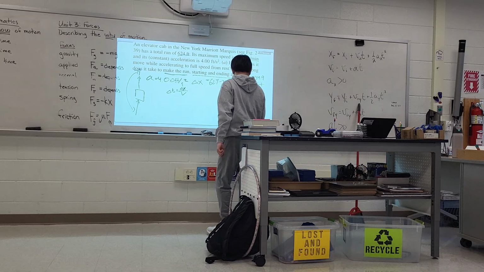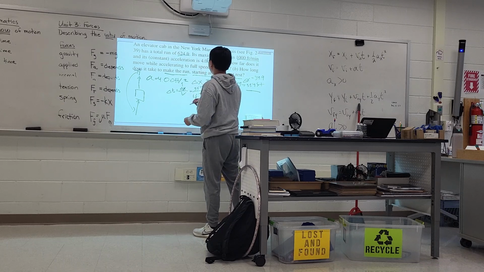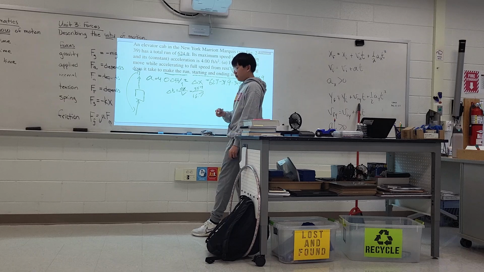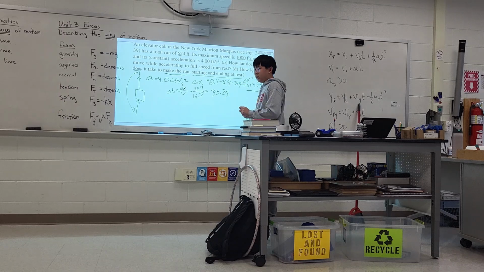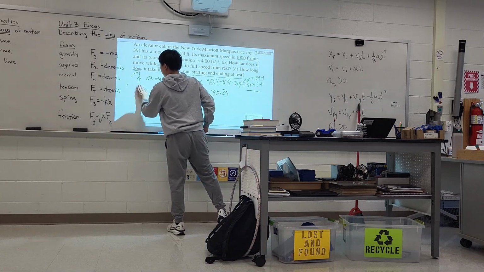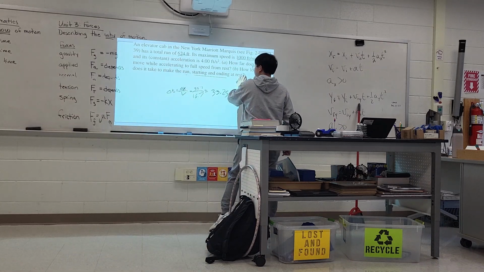Then we just plug it in, which is 554 over 16.7 seconds, for the constant velocity which we achieved in the beginning, and then it becomes 33.2 seconds. So pretty simple. Just the uniformly accelerating motion equations, since that's what we're doing. I just want to make it as simple as possible.